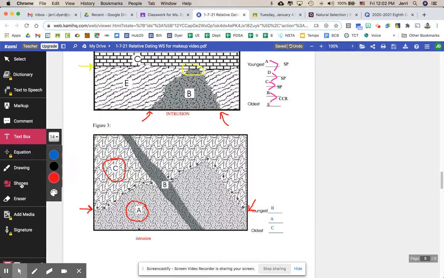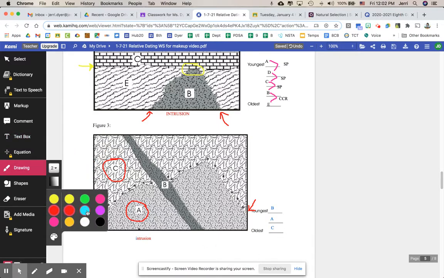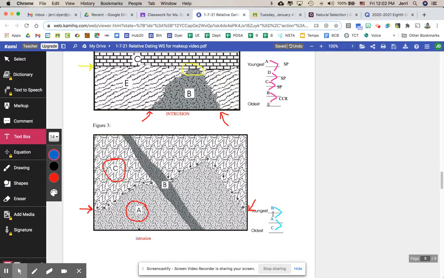So if you are putting this information in here as well, what are the laws? All of the laws here are actually the same. Cross-cutting relations. Okay, so no superposition in this case.